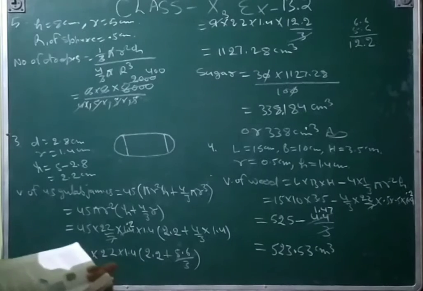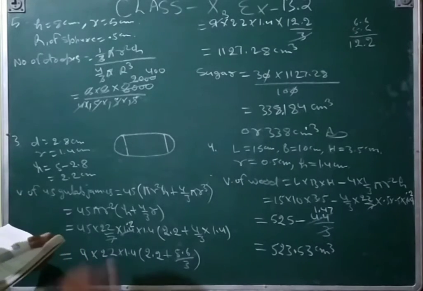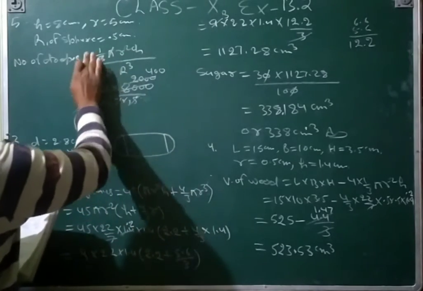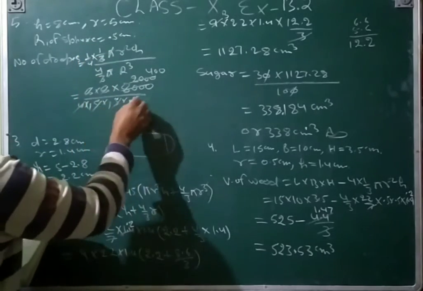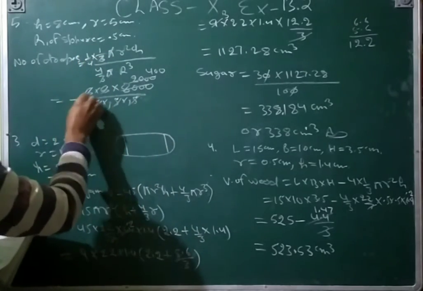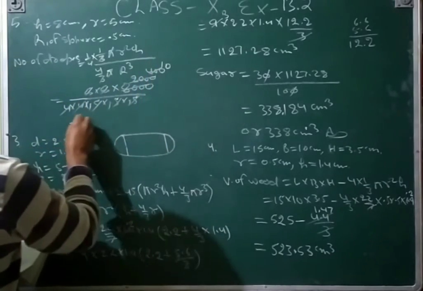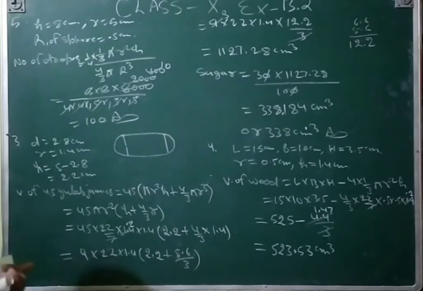That will be 1/3, 4, and you know that we are applying here 1/4. So 1/4 will also apply here, so one more 4 will become, so 4 ones are 4. So the total number of drops is 100. 1/4 we are applying here.